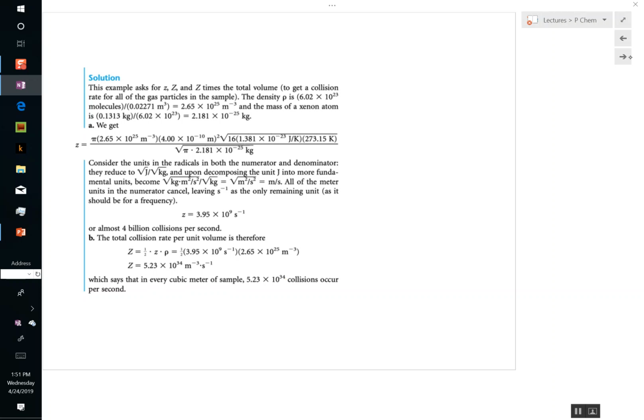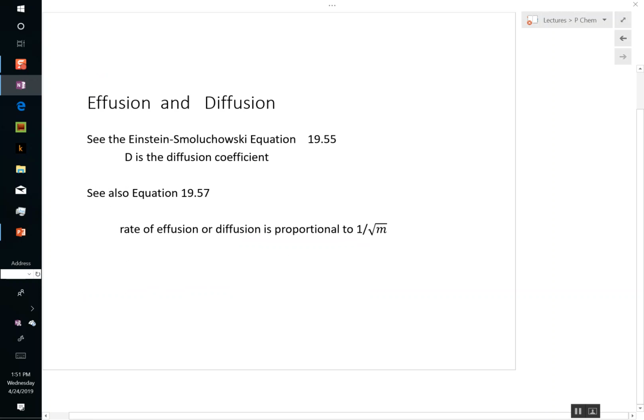And then finally, effusion and diffusion. Don't get hung up on it too much. Effusion is if you had a container, like a space capsule out in outer space surrounded by vacuum, and you had a little pinhole. That would be gases escaping from that container out into nothingness.